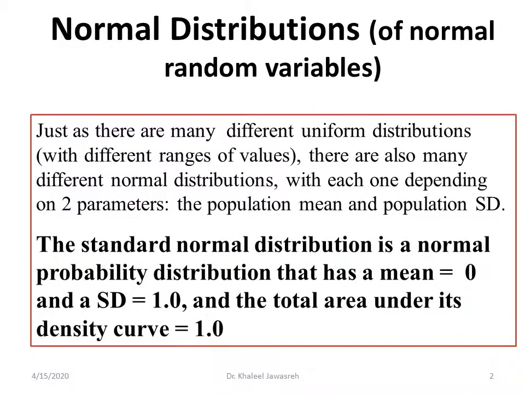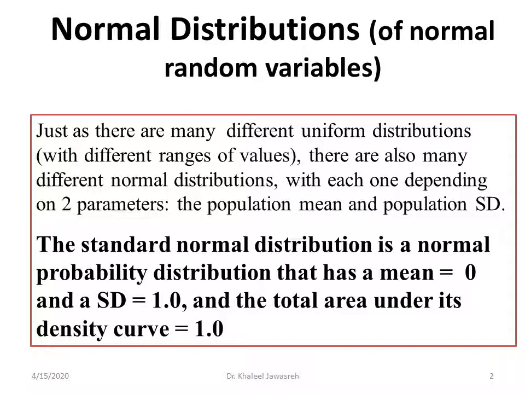We do need to know that there are actually a lot of different normal distributions. There is not just one normal distribution. The curve can be seen in different ways, in different curves, depending on the mean and the standard deviation. As you see, this is the main difference between normal distributions.